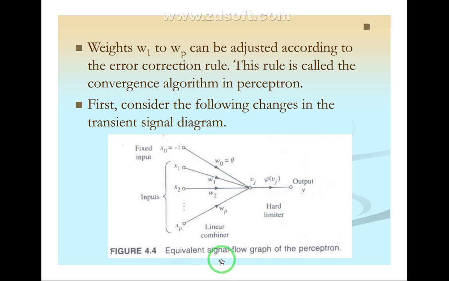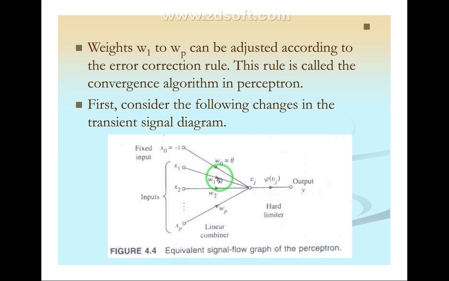You can see in the signal flow diagram of a perceptron, this was the input, and in order to represent the bias or threshold, you can show it as x0, which is equal to -1, with the weight w0, which is equal to theta.